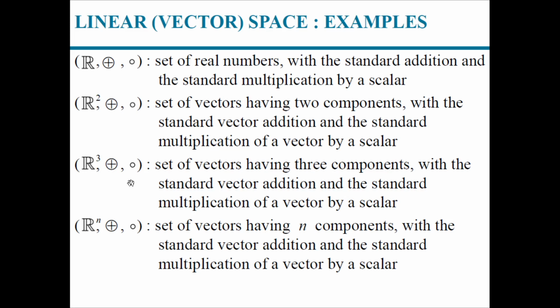I need to be able to add them, and I need to be able to multiply them by a scalar, a constant. So once I have those rules, well, these three things together form a linear space when these two rules of addition and multiplication satisfy a certain number of conditions. But what is important to realize is a linear space will be a set with these two operations defined, and these two operations need to satisfy a certain number of properties. We will see that.